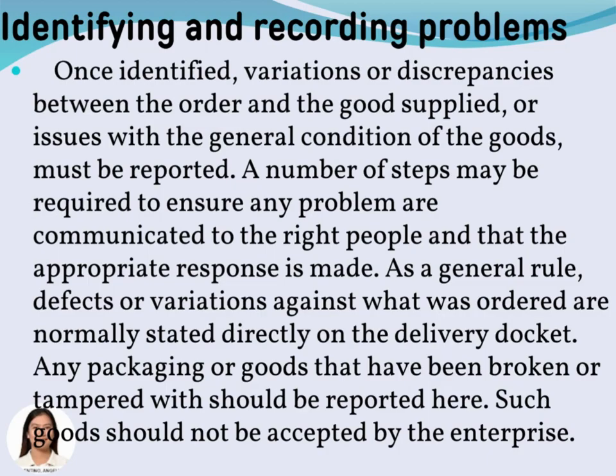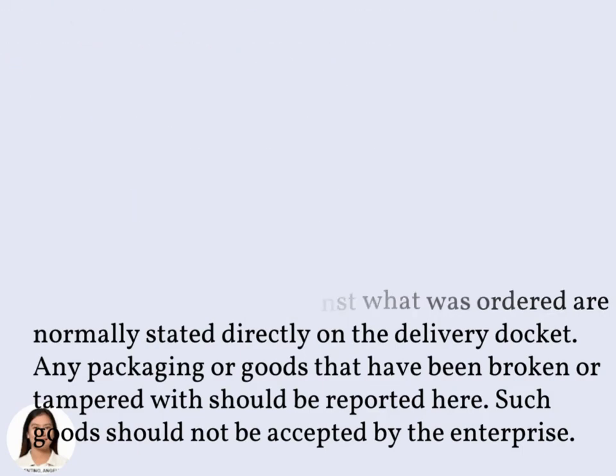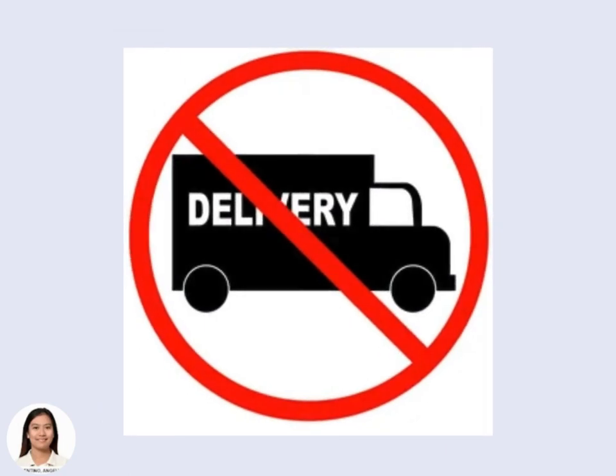Any packaging or goods that have been broken or tampered with should be reported here. Such goods should not be accepted by the enterprise. It is important not to sign for any goods that have not actually been delivered.